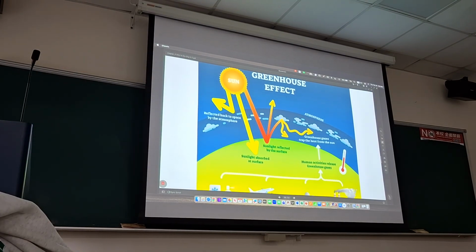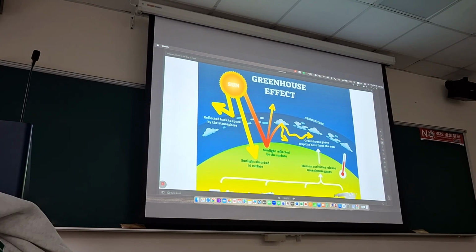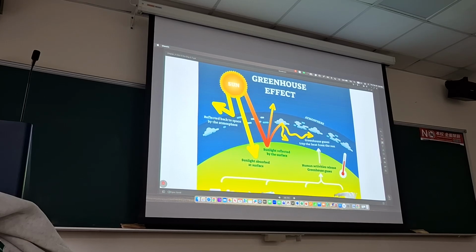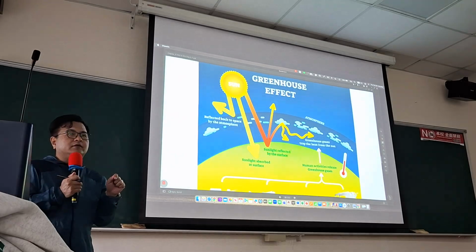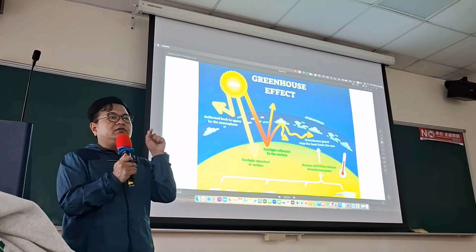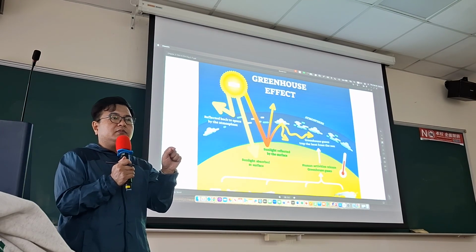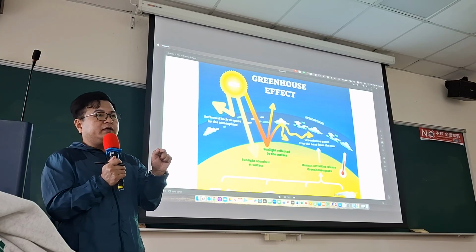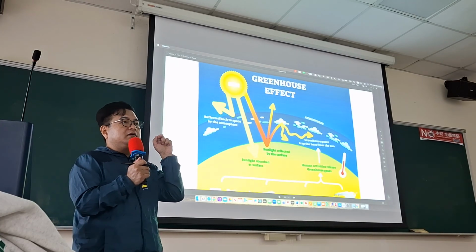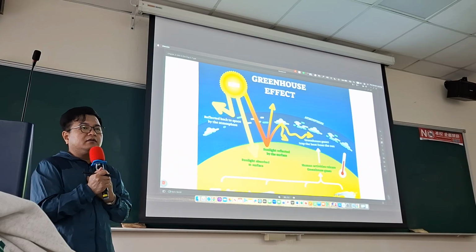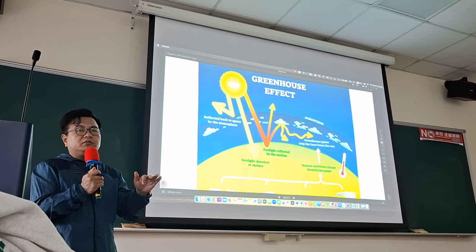Okay, so this is the greenhouse effect. Actually, the greenhouse effect is a natural phenomenon. But we human beings make it worse.